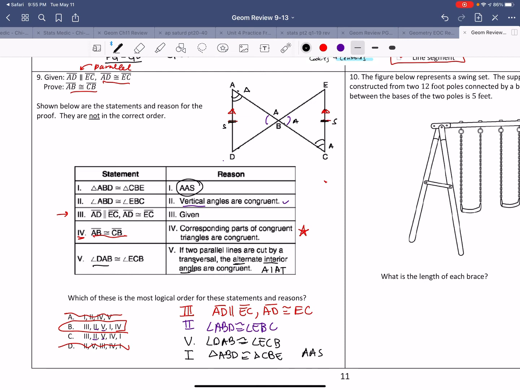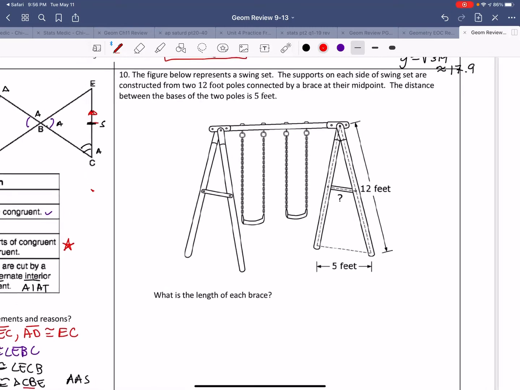Okay? So last, since I've proven the triangles are equal, we can say their corresponding parts are equal. And that's what we set out to prove, that AB, which is first and middle, is congruent to CB, which is first and middle, because they're corresponding parts of congruent triangles, so they are congruent. We've done it. That's the most logical order.